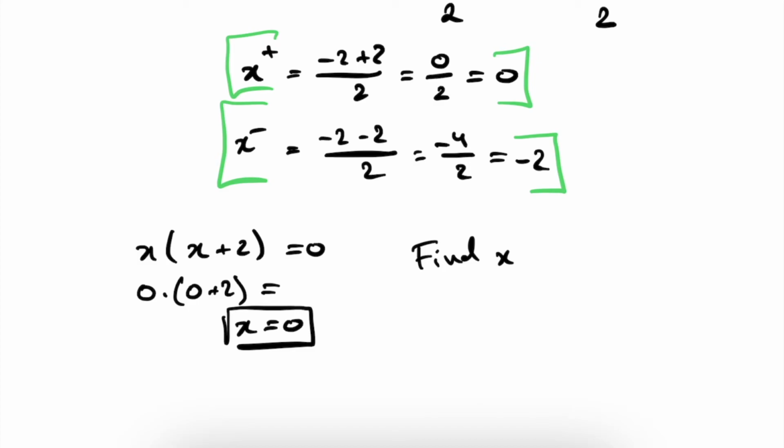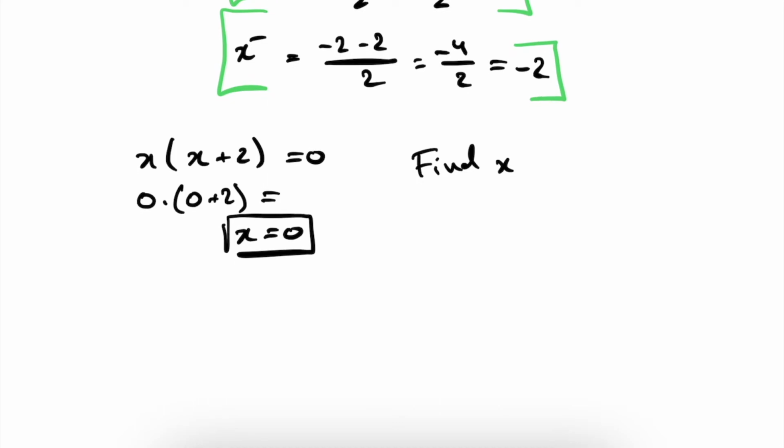And then because you know that quadratic equations always have two solutions, you would also see that this thing can also be 0 quite easily if x is minus 2, because then you get minus 2 times minus 2 plus 2, and this thing just becomes 0. So the entire thing is 0.